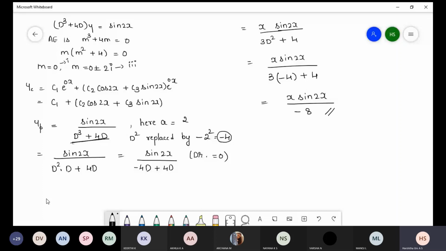This is the answer. Now y is equal to yc plus yp. That means c1 plus c2 cos 2x plus c3 sin 2x minus x sin 2x divided by 8.